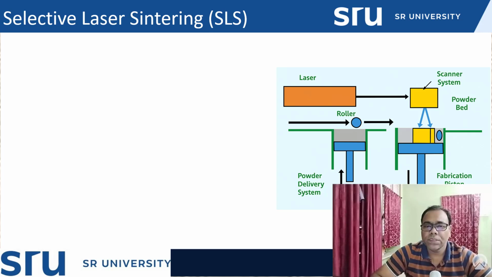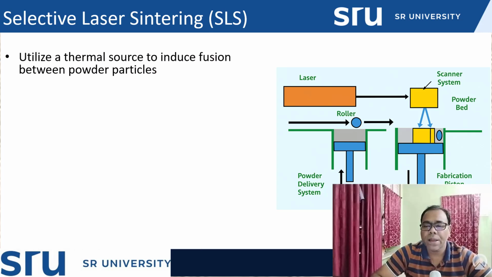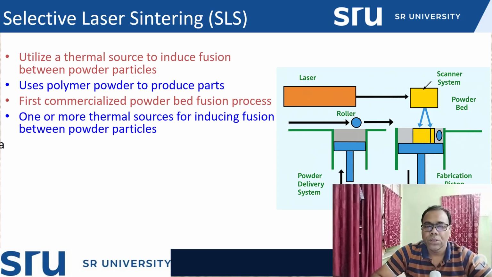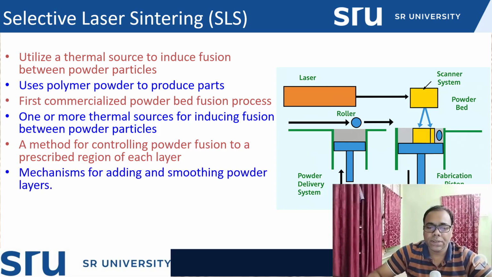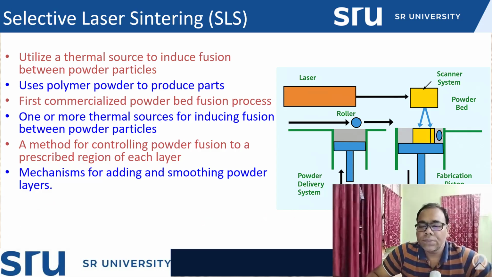Similarly, this is the setup diagram. In that setup diagram you can see that different types of designs are available. First I will discuss this one; let me show the pointer. This is the setup diagram for the SLS process. In this diagram one can see the powder delivery system.